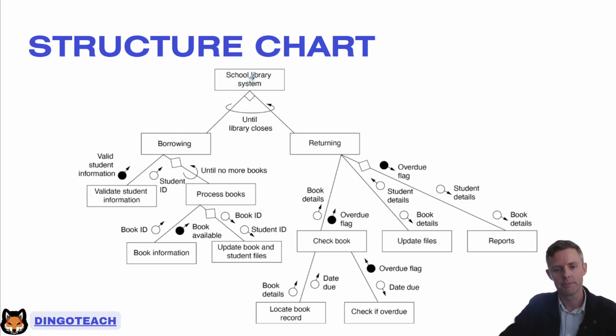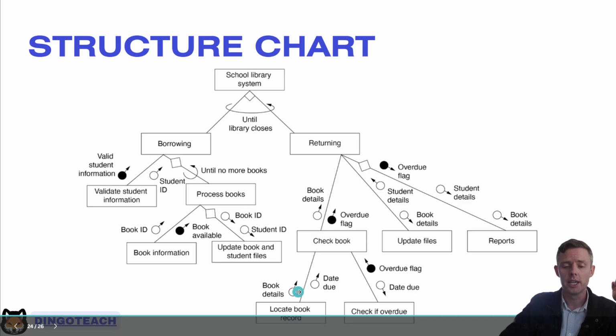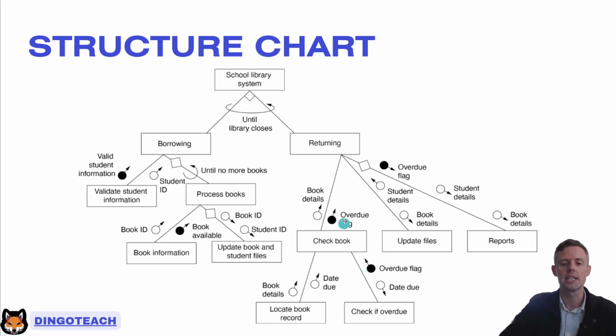Then we're going to head down to the returning, down to check book, which goes down to locate book record, which gets the book details and the due date, which goes back to here, which then sends the due date down to check if it's overdue. And then we send back if it is or not overdue. And all those things, the details and if it's overdue or not, go back to returning.